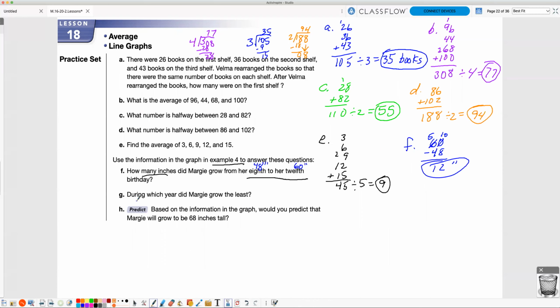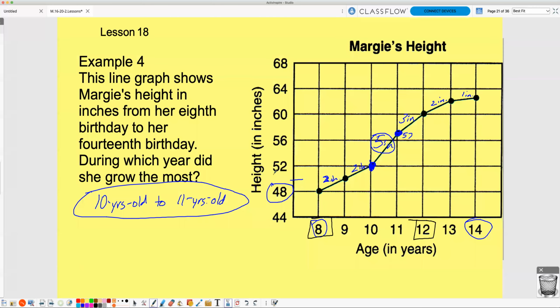Letter G, during which year did Margie grow the least? So going back, you can see she grew 2 inches here, 2 inches here, 5 here, 3 here, 2 here, and 1 here.